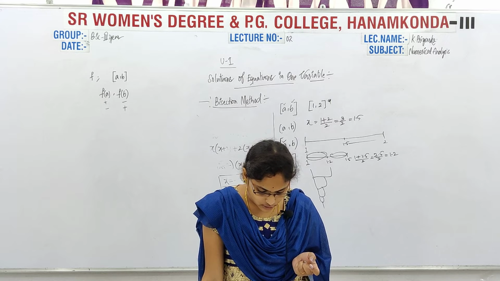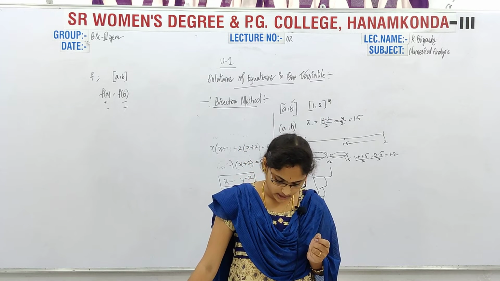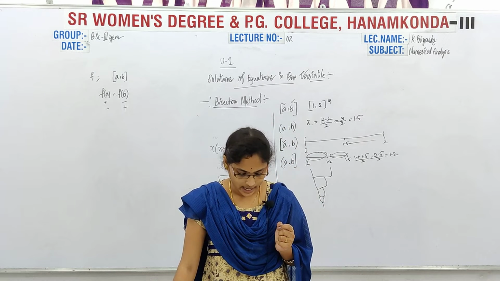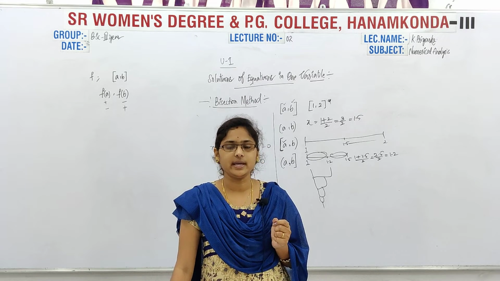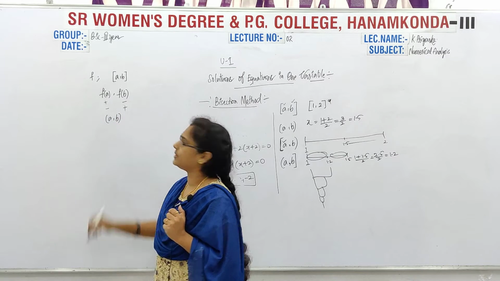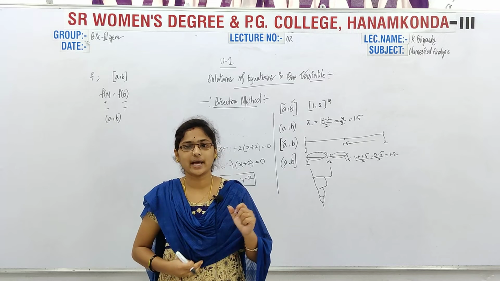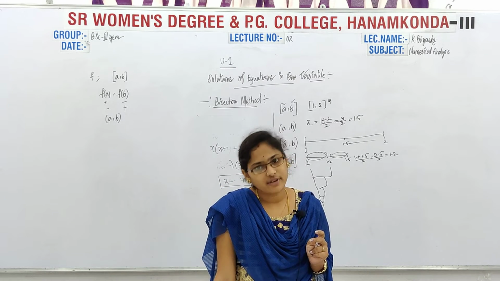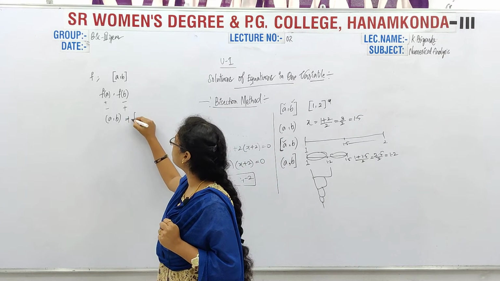Next line. The intermediate value theorem implies that a number P exists in open interval a comma b. Of course, closed interval a comma b means the root lies between a and b. That's why open interval a comma b, with f of p equal to 0.